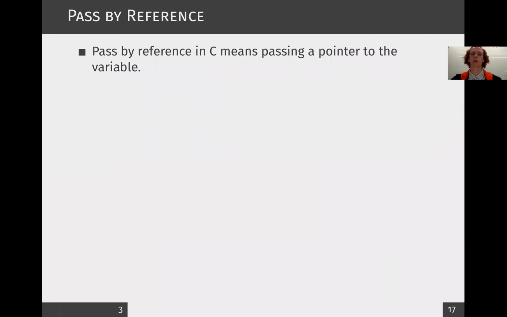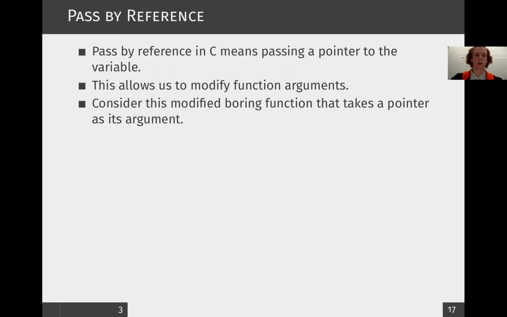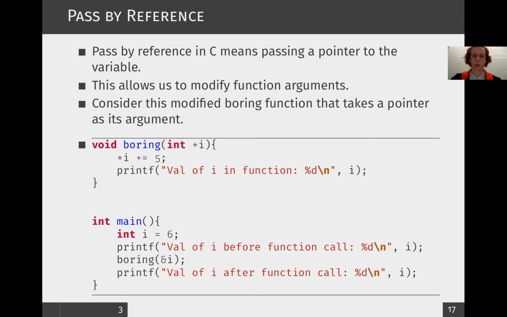Pass by reference in C means passing a pointer to the variable instead of the variable itself. So this allows us to modify function arguments. So consider the modified boring function.